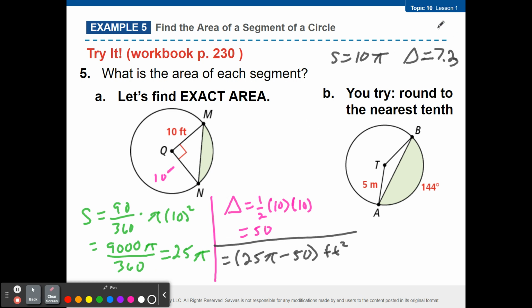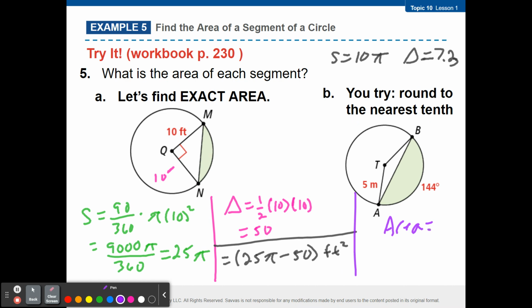All right, so we subtract these two. So that means the total area was what? Come on now, last one, guys.